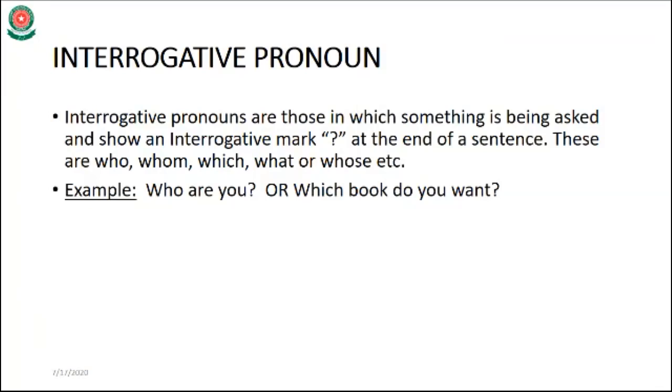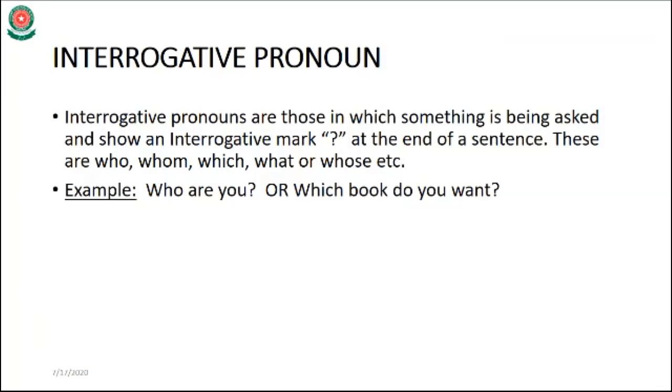Next example: Which book do you want? You see in this example, at the end there is a question mark.